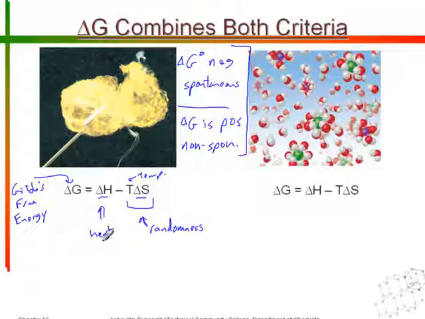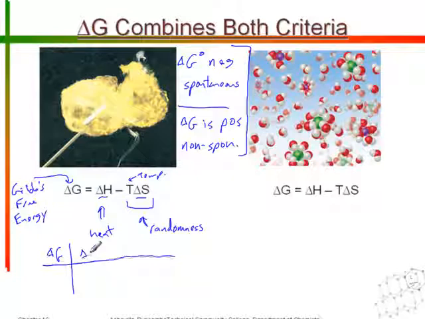This is still essentially a qualitative game that we're playing here. Again, the Gibbs free energy component, what is it made up of? It's made up of the enthalpy portion, and then the negative T delta S portion. Again, heat and randomness is what we're measuring here.